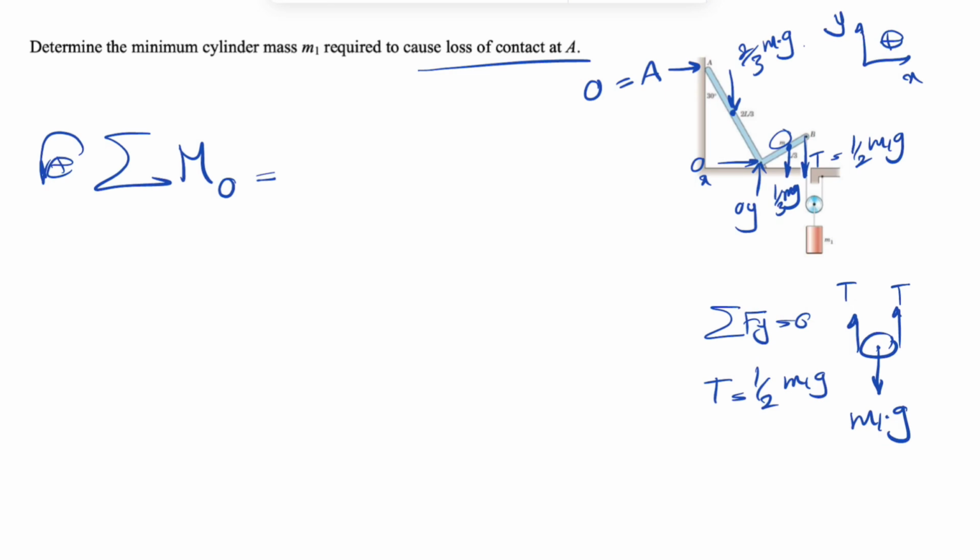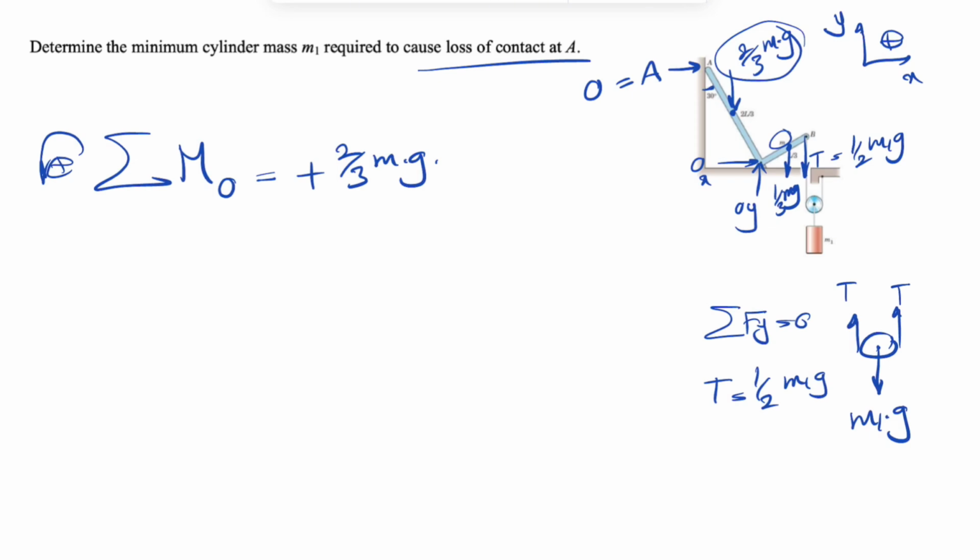We're going to have the moment of the 2/3 part of the beam, and we can see the moment would be in this direction, so we're going to have a counterclockwise moment. So the force is 2/3 of mg. And since the moment is counterclockwise, we're going to put a positive sign in here times the distance of the beam.